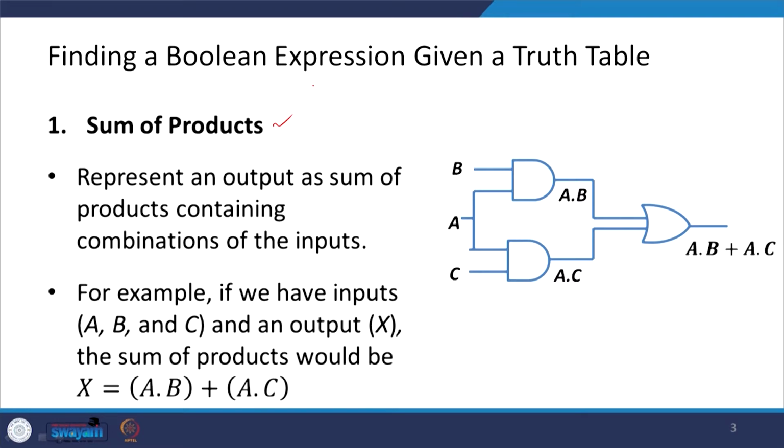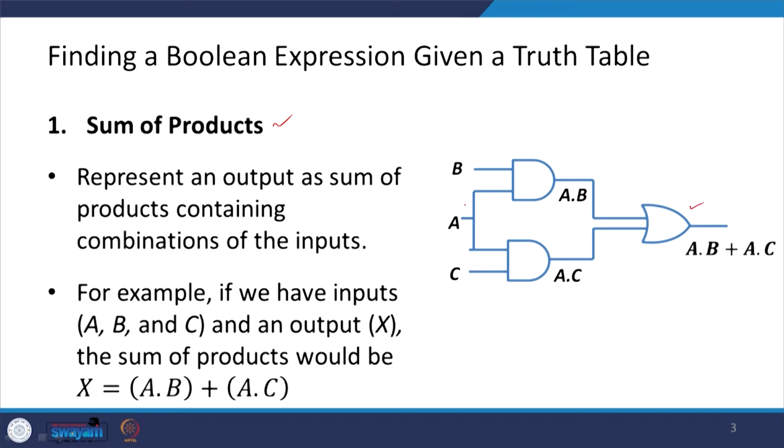In the sum of products approach, the output is represented as a sum of products containing the combinations of the inputs. Suppose we have two AND gates, and these two AND gate outputs are connected to an OR gate.